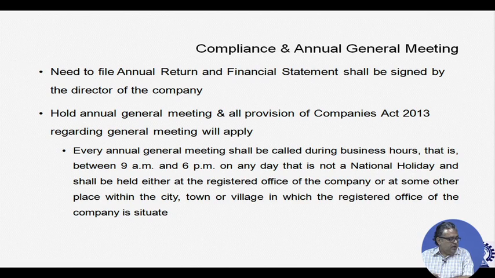Now again, you need to hold a general meeting, and every general meeting needs to be held between 9 a.m. and 6 p.m. on any day which is not a national holiday, and it should be in the same place where the registered office of the company is.